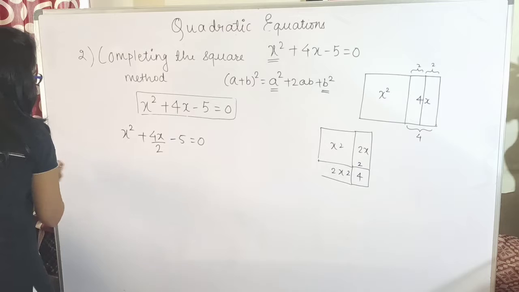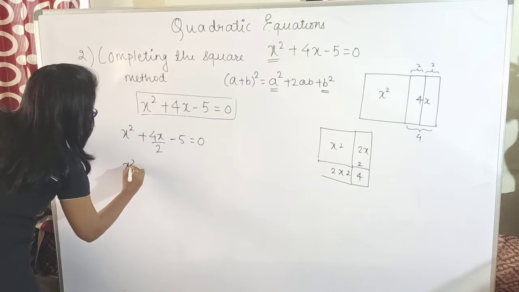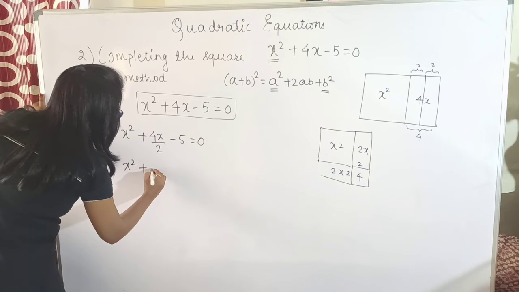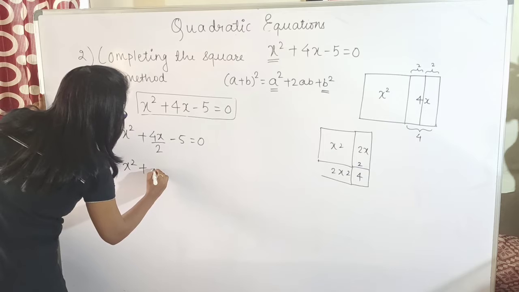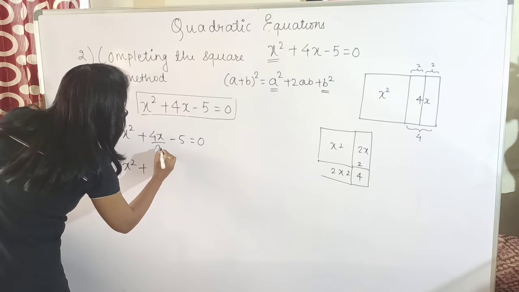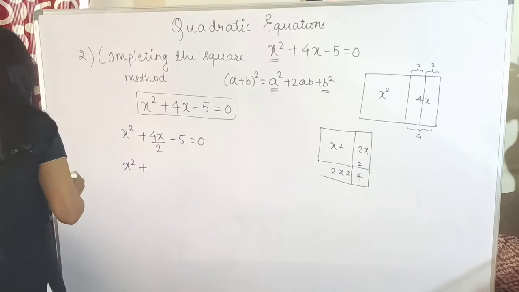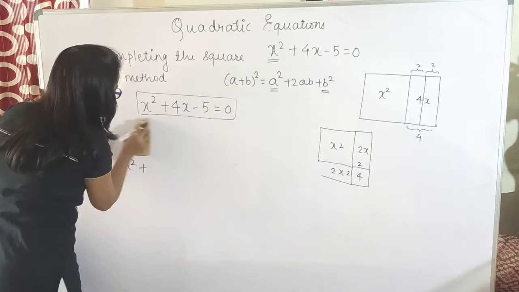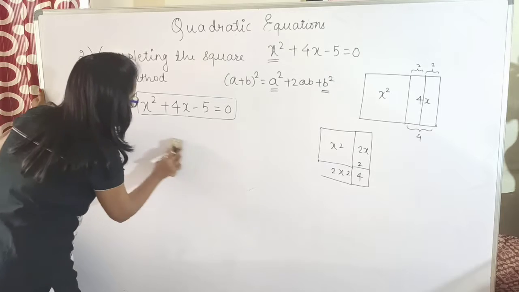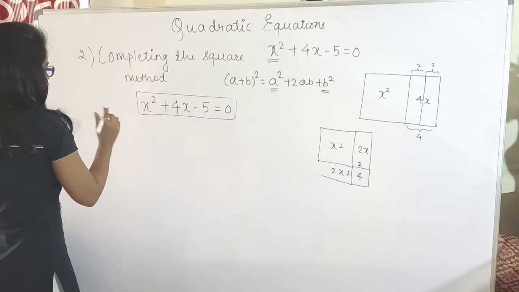Yes, or it is x square plus 4x by 2, that is 2x. So here I have to multiply. Okay, wait. No, that will be a little trickier. Let us try to find it by equating it with the standard form.